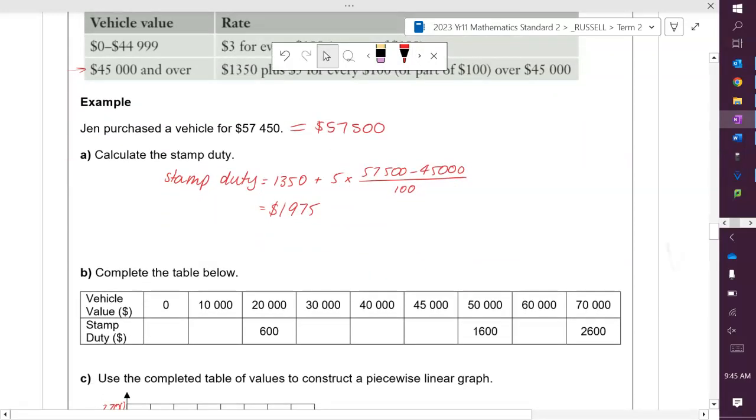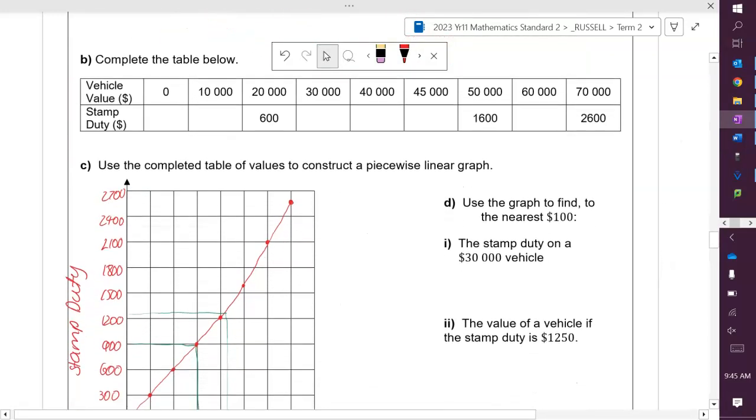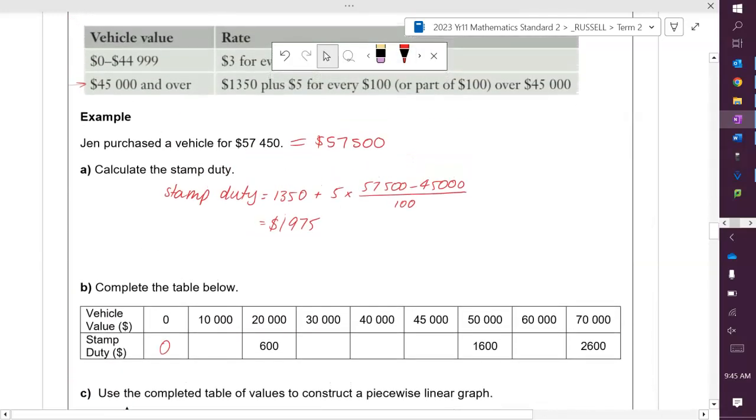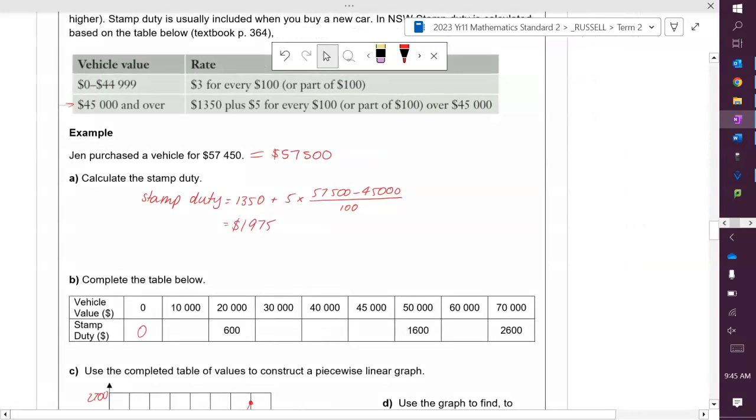Now this table that we're going to complete will show a graph, and I've already graphed it here, so we'll just ignore that for the moment. But if a vehicle is $0, obviously our stamp duty is going to be $0. If our vehicle is $10,000, if we think back to our table, it says it's $3 for every $100. So what's 10,000 divided by 100?